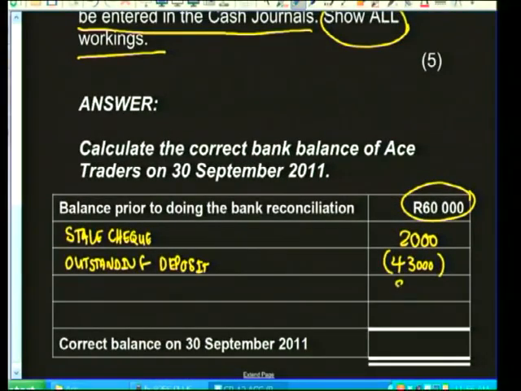It's 9,500. Okay, and this is your dishonored check. Now, the question that you need to ask yourself is that this dishonored check actually means that you do not have money in the bank.